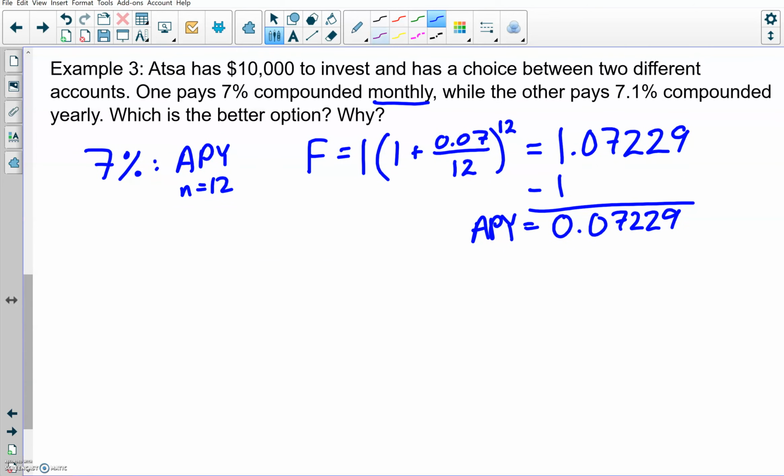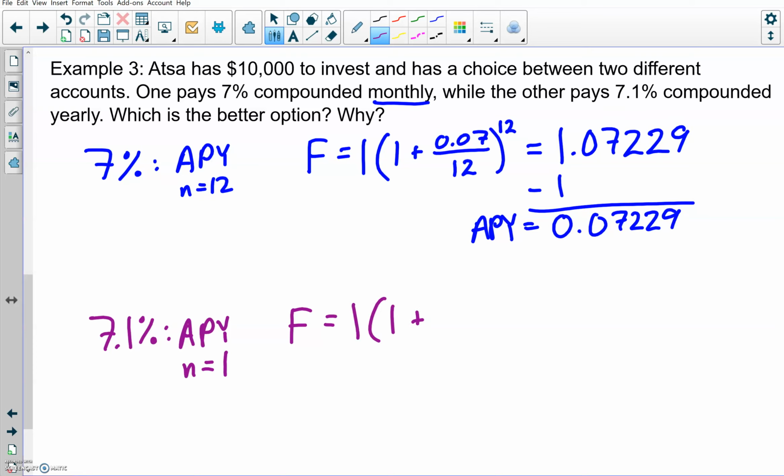So now if we take a look at the other 7.1%, the APY here, we're just going to have N equals 1 because it's yearly. So F will equal 1 times 1 plus 0.071 over 1 raised to the first power. If you work that out, you get 1.071.